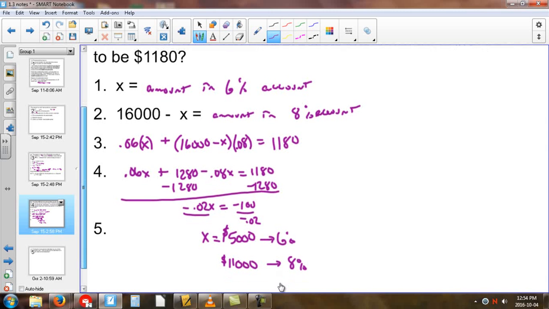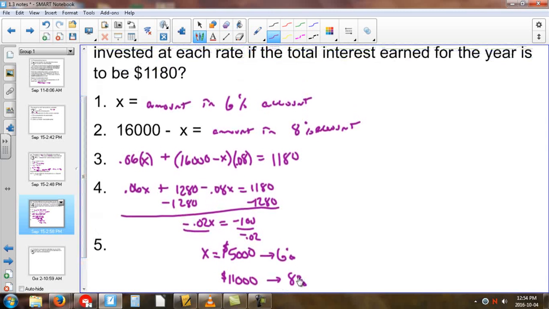And we can check those answers by taking 0.06 times 5,000, which comes out to $300, and 11,000 times 0.08 comes out to 880. If you add the two of those together, you're going to get the 1180 that we were looking for.